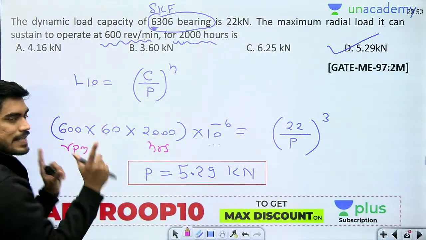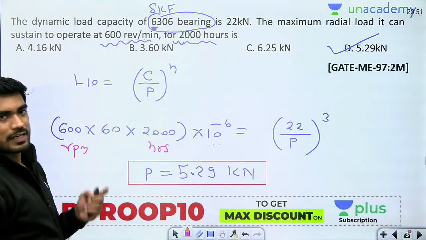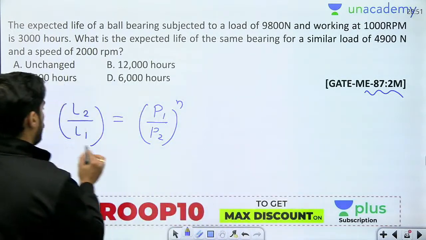If RPM and hours are given, then you can convert to life. When I take the ratio of two lives, the 60 and 10 to the power minus 6 will cancel. So you will get RPM into hours.